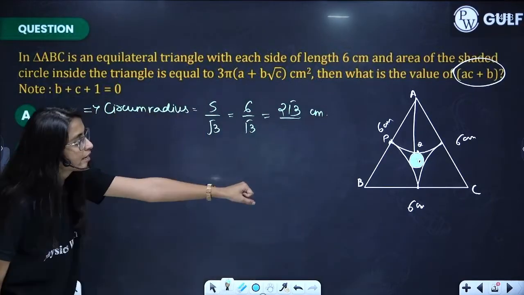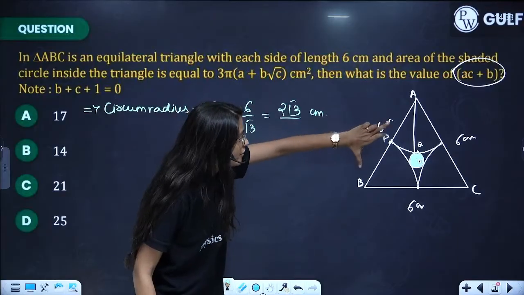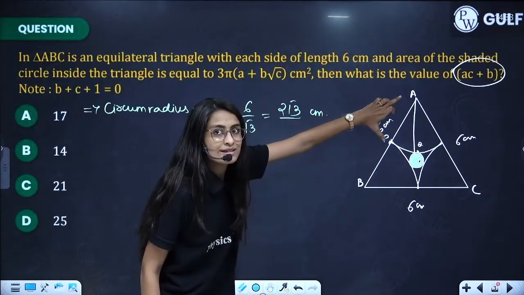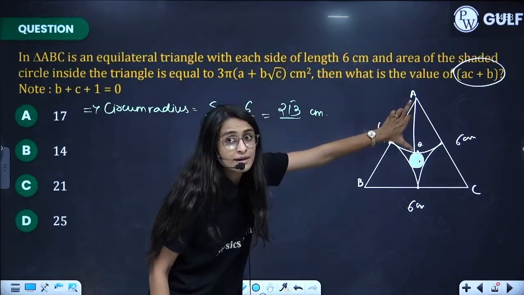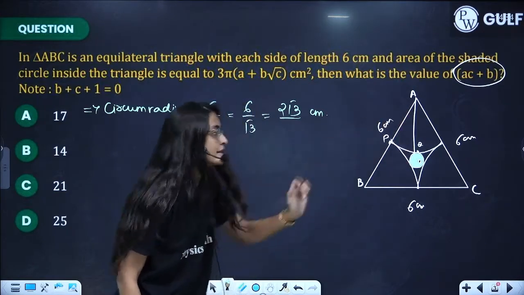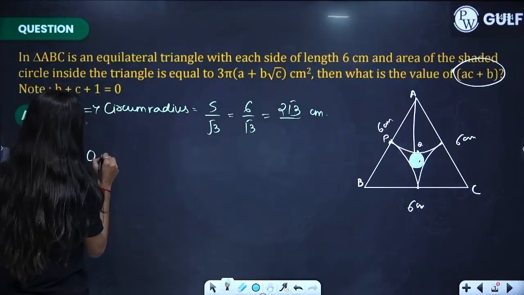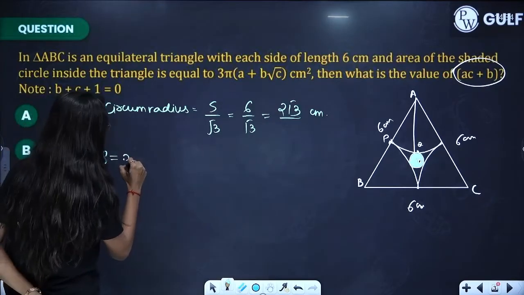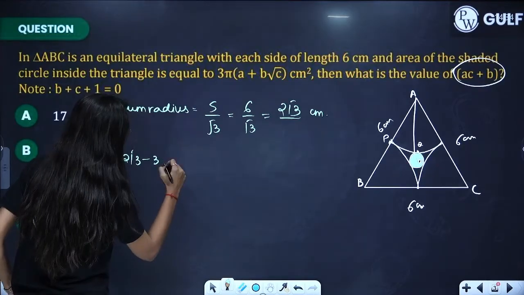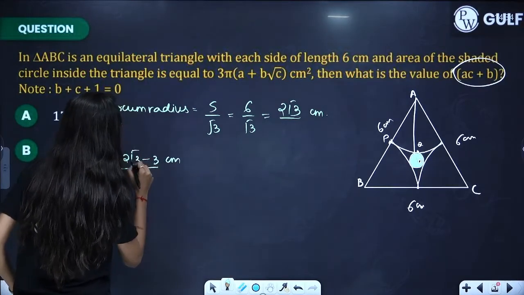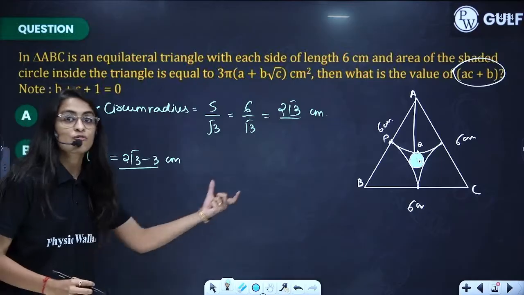Now to find the radius, what would you do? If AB equals 6, AP will be 3. Therefore, AQ will also be 3. So if I subtract AO minus AQ, I get OQ, which is the radius of my shaded circle.